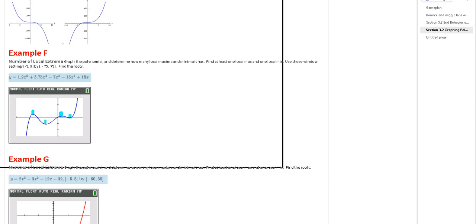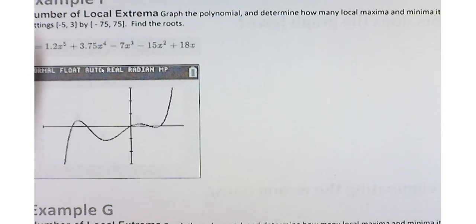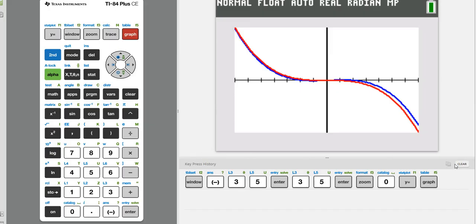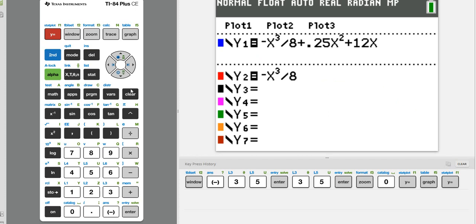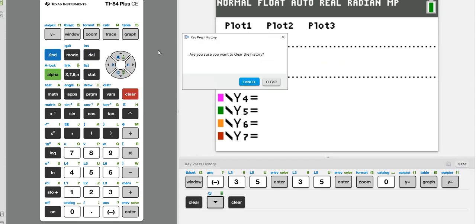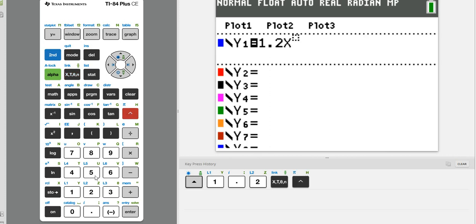Let's start by plugging in the correct polynomial, which is this one, into our graphing calculator. 1.2x to the 5th, etc. So let's go back and clear out all the stuff that's there. Clear and clear. So I want 1.2x raised to the 5th.